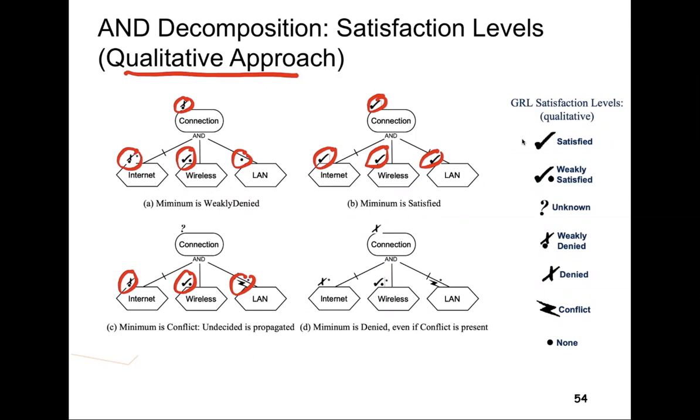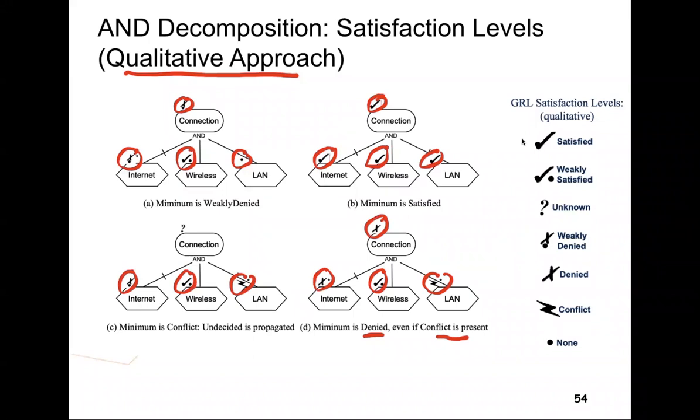In the third example, we have denied for the internet, weakly satisfied for the wireless, and a conflict at this point. The minimum is denied, so we consider denied as the minimum. Even though the conflict is present, the conflict is higher as compared to denied, so we take denied as the final satisfaction level.